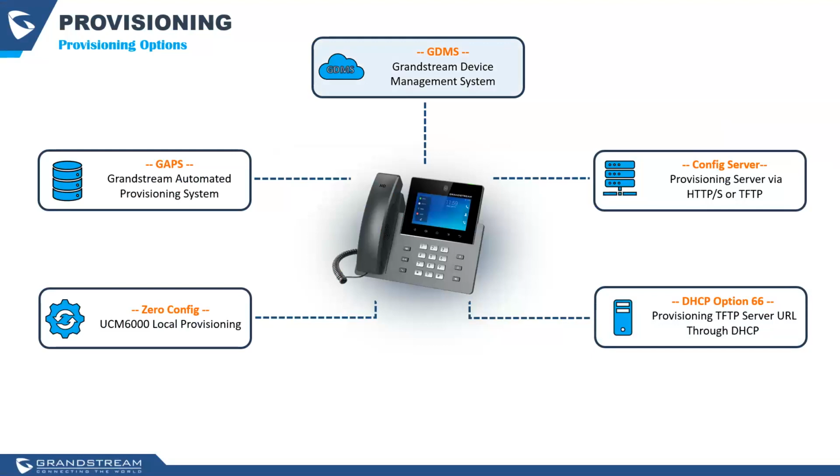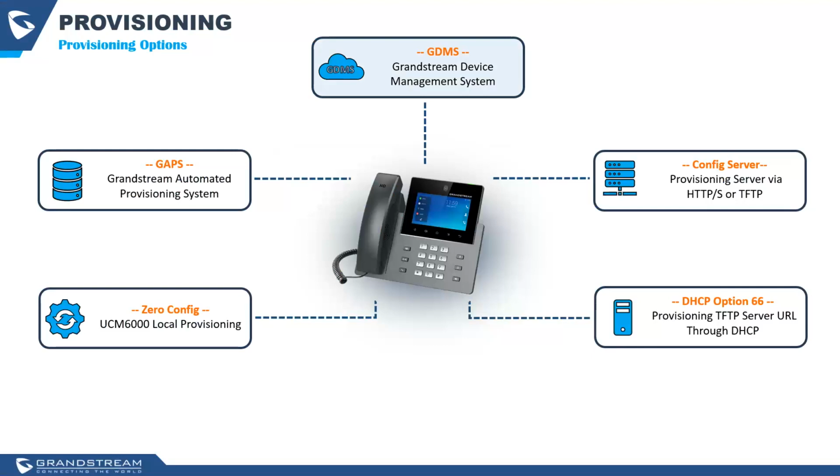So far, all the methods explained use the config server path to tell the device where to get the configuration preset. In addition to that, Grandstream devices support the TR069 protocol for provisioning, which is a protocol used by GDMS.